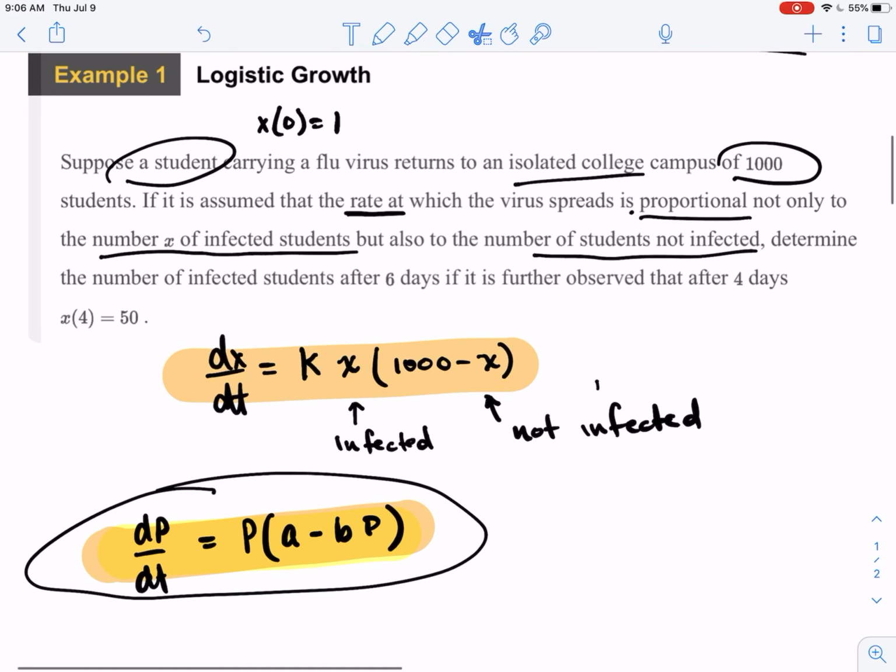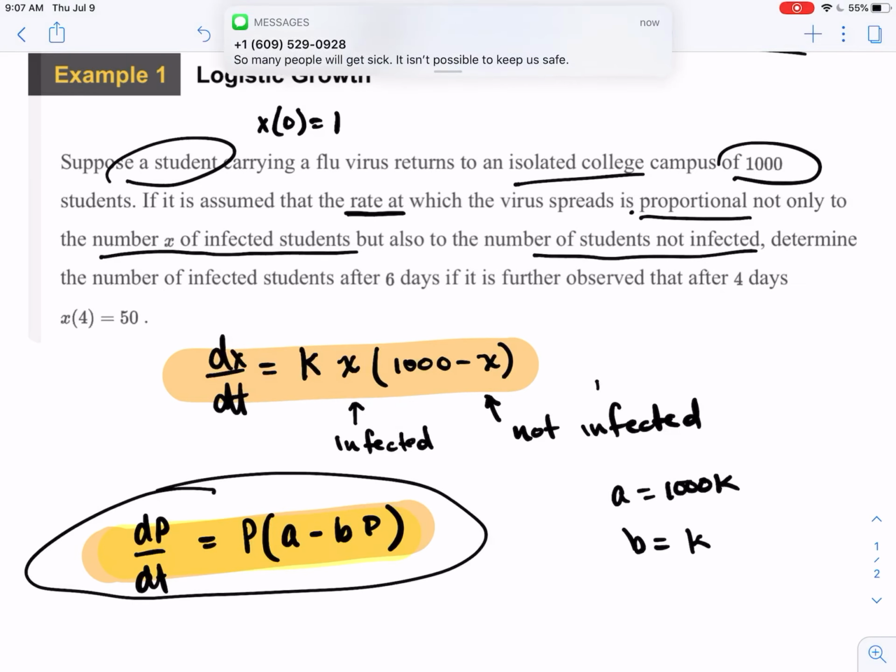You could see here that when you're looking at what A is going to be, you have this 1,000, but you don't have the K. Remember, you can multiply through that K. So A is going to be 1,000 K. B is just going to be K. And I just got that from this equation here. Now, we could delete this.